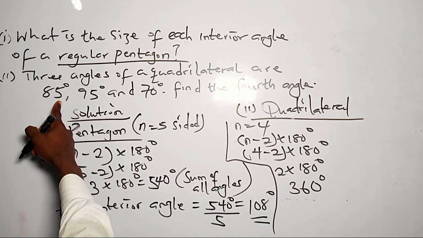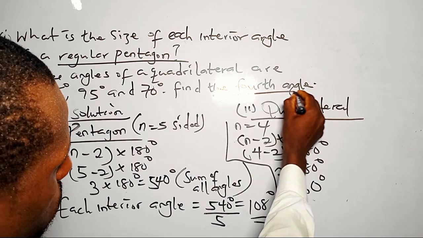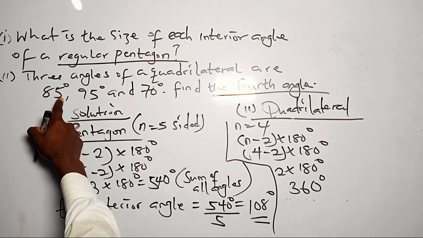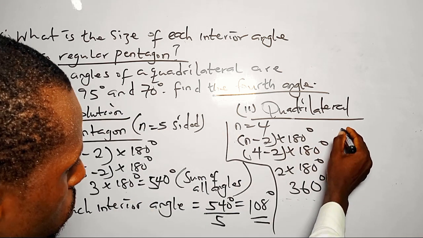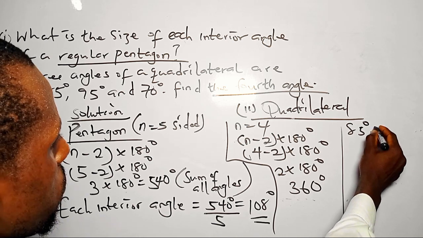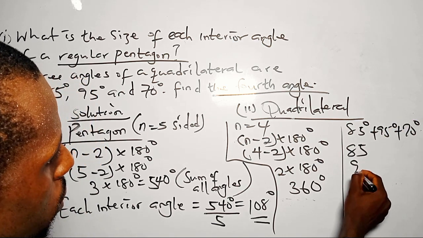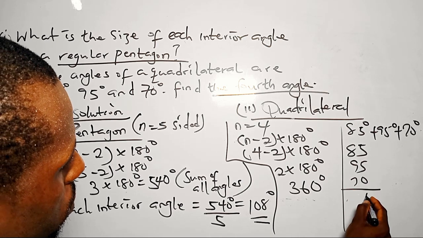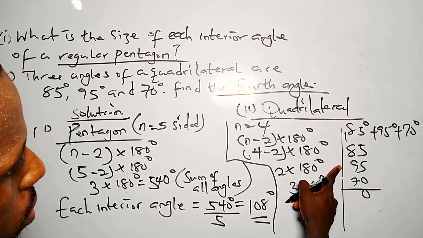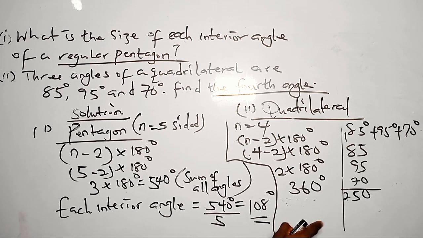But we are given 3 angles out of the 4, and we have to determine the 4th angle. Since we have figured out the total, we can easily add up these 3 angles given to us: 85 degrees plus 95 degrees plus 70 degrees. When we sum this up, we have 250 degrees.